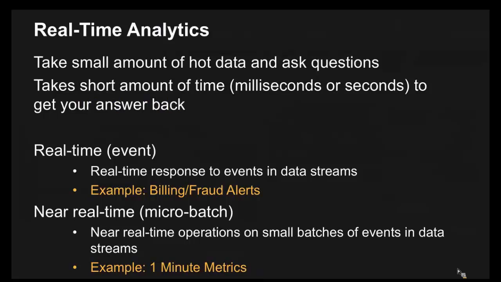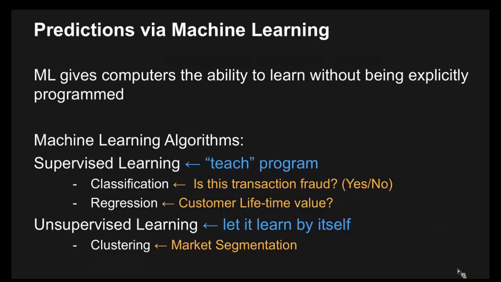In the case of real time, alerts are a classic example. When there is a strange event happening, like the pressure or the temperature gauge going out of whack, you want to trigger an alert so somebody can take care of this equipment. It could be a billing or a fraud alert as well. These are classic examples of real-time analytics.